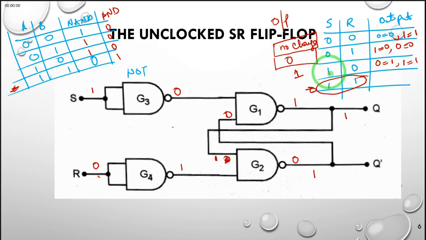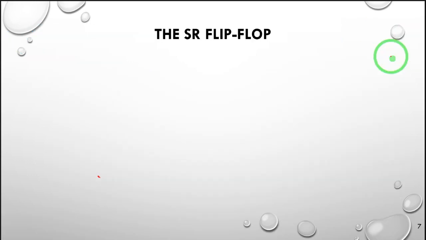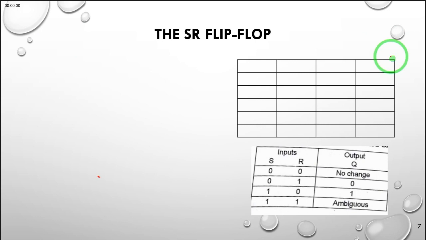And if you set your S to be 1 and R to be 0, no matter what the previous state was, the next state will be a 1. And we don't work with the 1, 1 inputs, and this is normally referred to as an ambiguous state. That's what we have developed, and it can clearly be seen in this table right here.